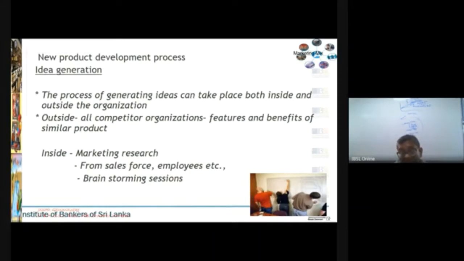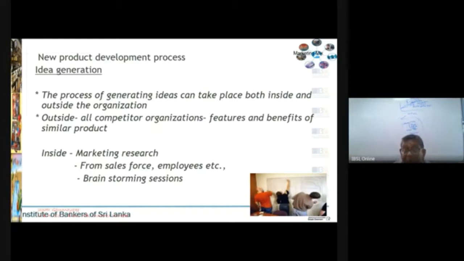And the board of directors or the management has requested you to come up with a new children's savings product for ABC Bank. What is the product?